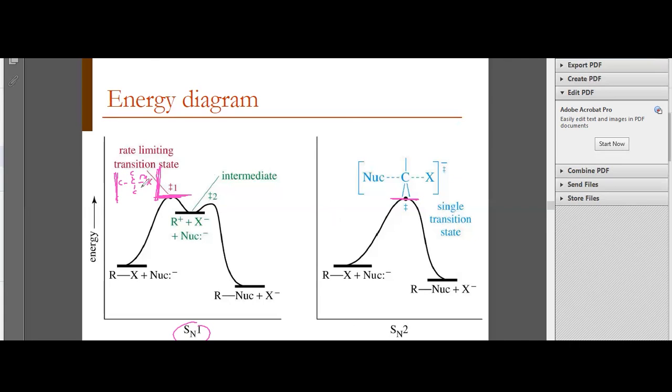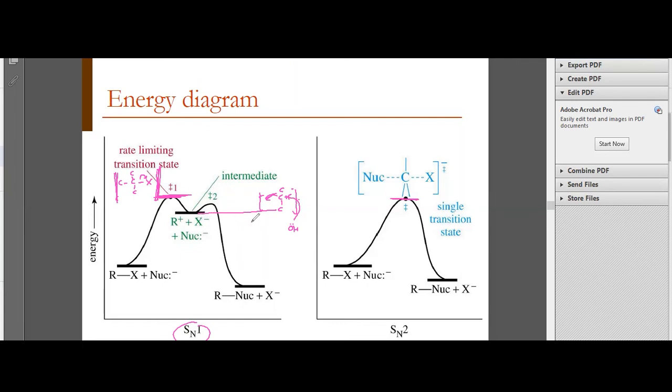After the CX bond is released, it forms the carbocation, right? So this position is for the attack by the nucleophile. So R positive plus X minus, plus nucleophile here.